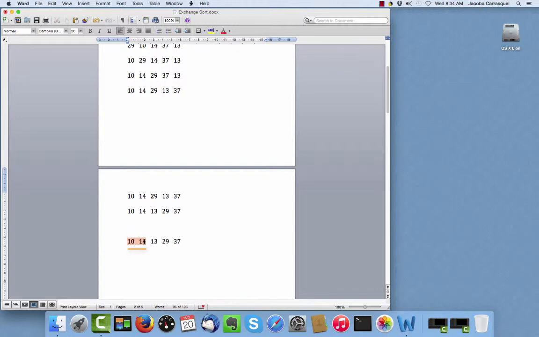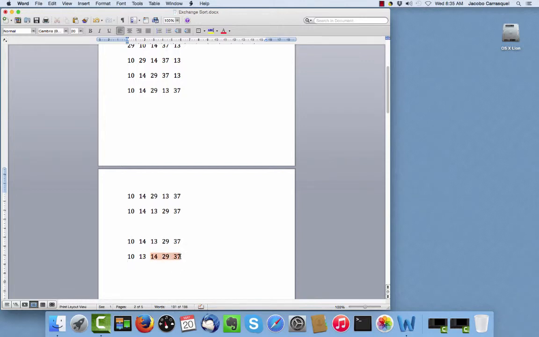These two are already in order, these two are not, so 10 stays where it is, and I need to swap 13 and 14. I don't need to worry about 29 and 37 because they are already in order.